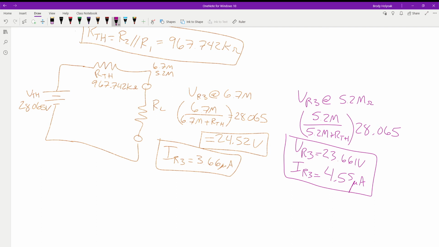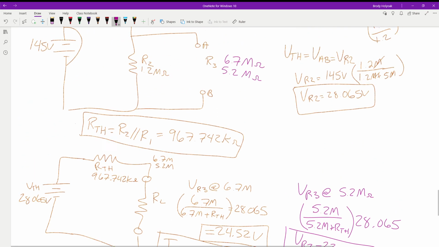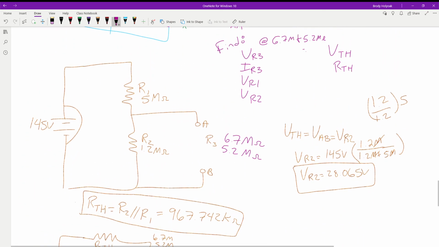Okay, I'm just writing them off to the side so we can come back up. Now that we have solved those values, we're going to put that load back into the circuit, and solve the circuit based on those values.